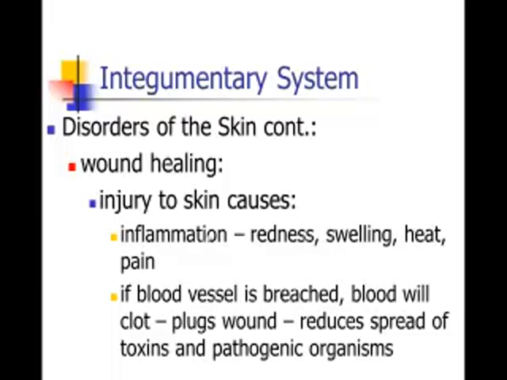If you have an injury that involves the breach of a blood vessel, the blood should clot. The blood clot is important because it's going to plug the wound and reduce the amount of hemorrhaging that you have, but it also reduces the spread of the toxins and pathogenic organisms through the rest of your system.